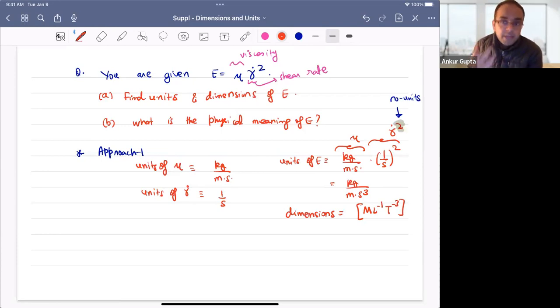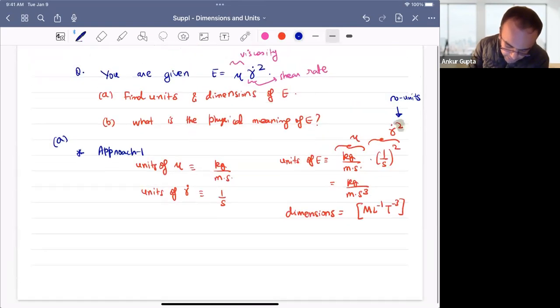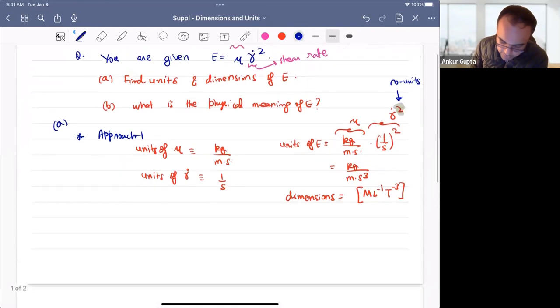Some of this takes practice, so don't worry if right away you couldn't recall some of these things. As we go along in the course, you will get used to some of these parts. By the way, we are just solving part A right now. So the second approach goes like this.